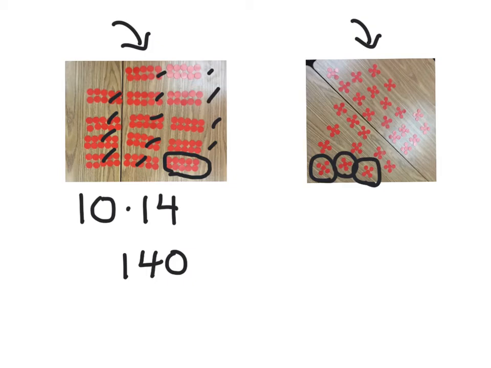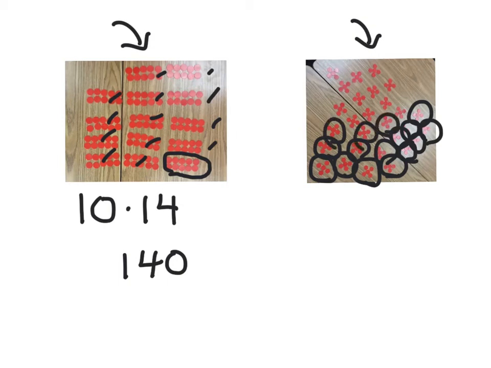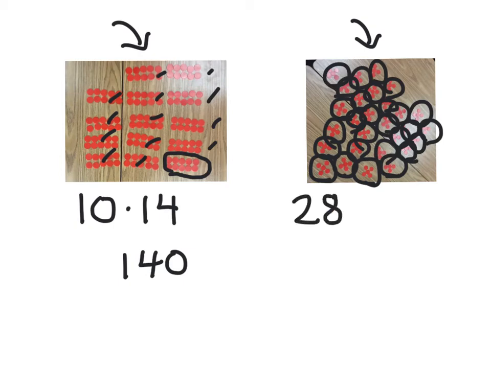So let's see, there's 1, 2, 3, 4, 5, 6, 7, 8, 9, 10, 11, 12, 13, 14, 15, 16, 17, 18, 19, 20, 21, 22, 23, 24, 25, 26, 27, 28 groups of 5. So that would be written 28 times 5, which also comes out to 140.